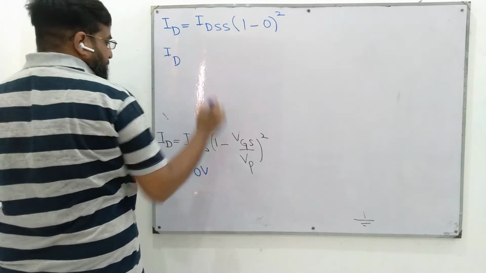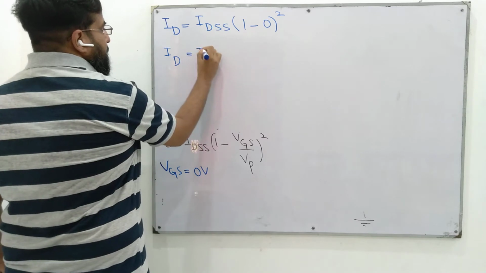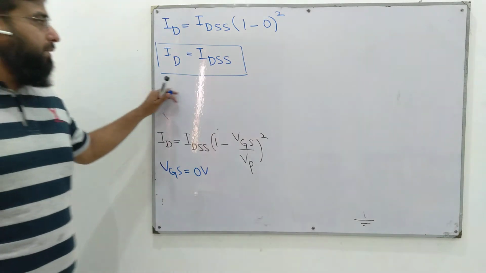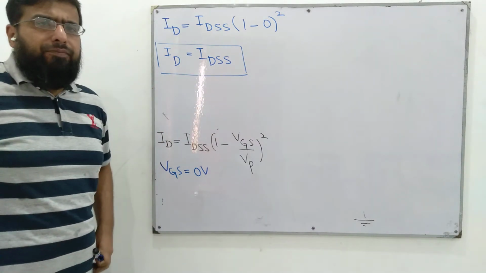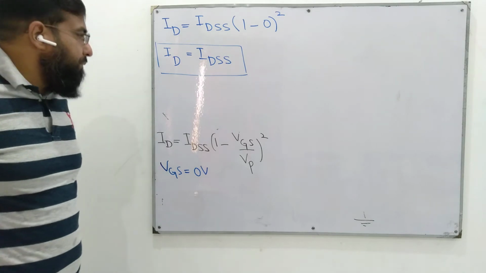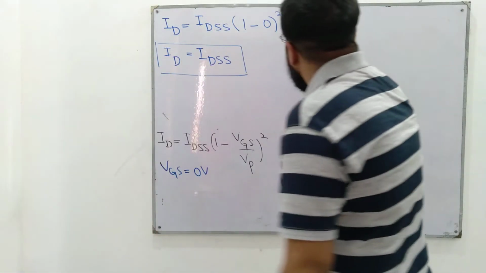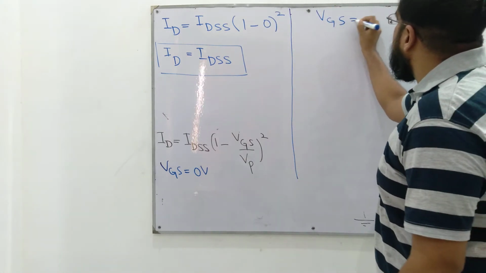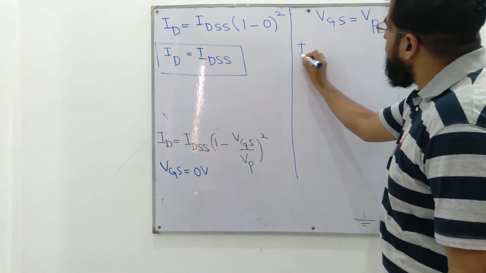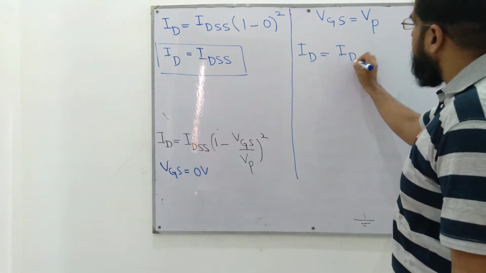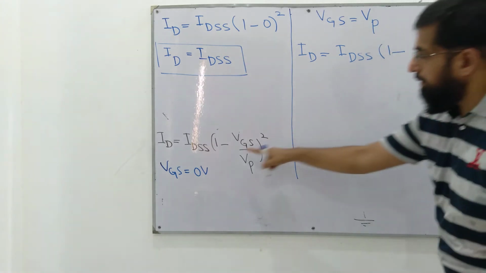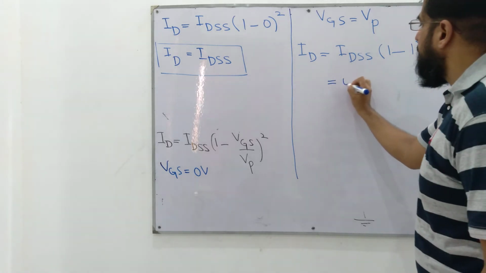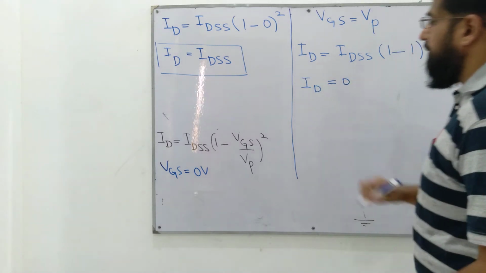So if VGS is equal to 0 volts, we get ID equal to IDSS. This is the same as what we obtained graphically. Then in case 2, if we put VGS equal to VP, ID becomes IDSS times 1 minus VGS over VP, which is 1 over 1, giving 1, so 1 minus 1 is 0, so ID is equal to 0.